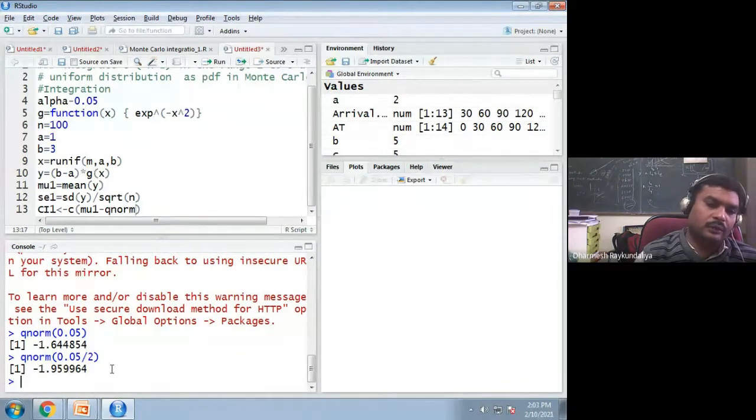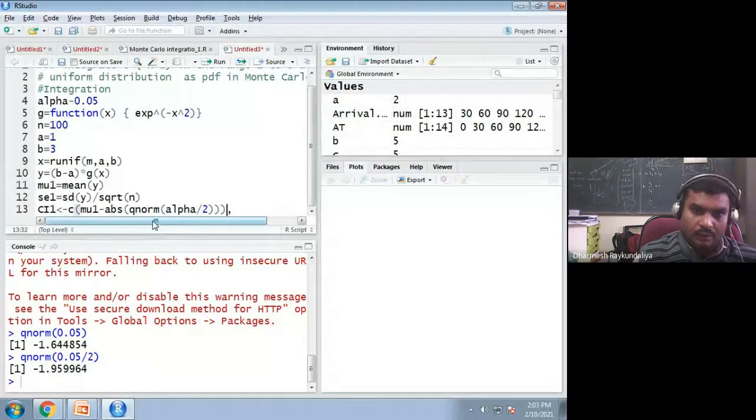It is minus 1.96. So it is qnorm. ठीक है, अल्फा बाई 2. लेकिन ये क्या हो जाएगा, एब्सोल्यूट लेना पड़ेगा ना, z alpha by 2, it is 1.96, so this should be an absolute value, comma, into standard error. So standard error you have assigned as SE1.